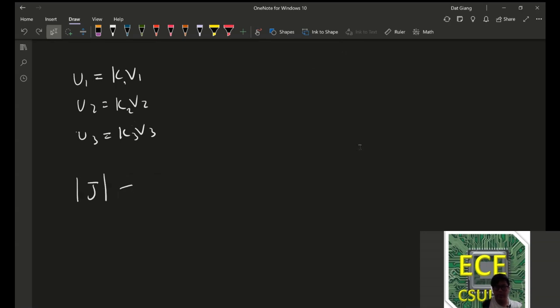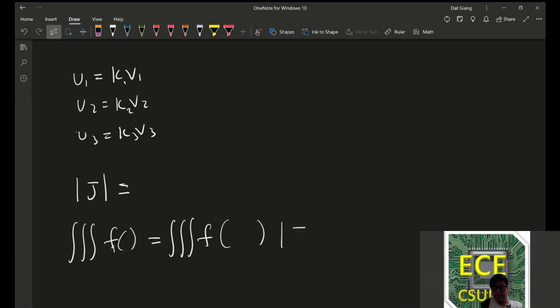And this Jacobian will give us something in which it will relate one triple integral of the u parameters to another triple integral of the same parameters but in relation to v, scaled by a Jacobian.